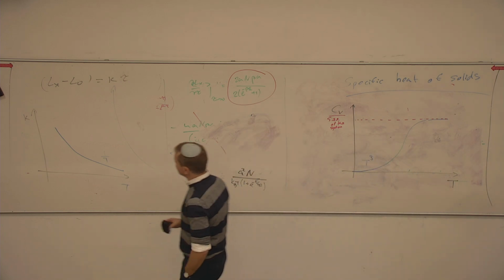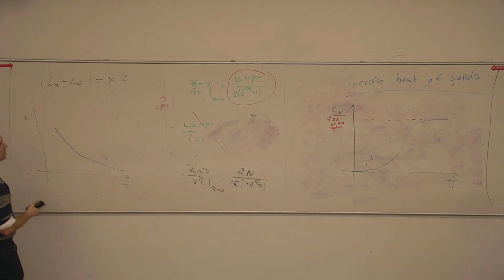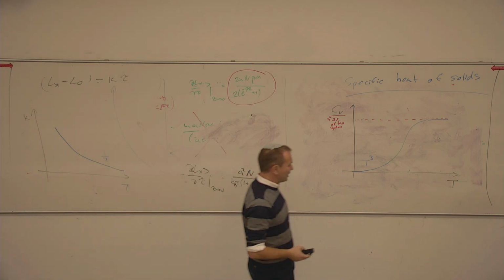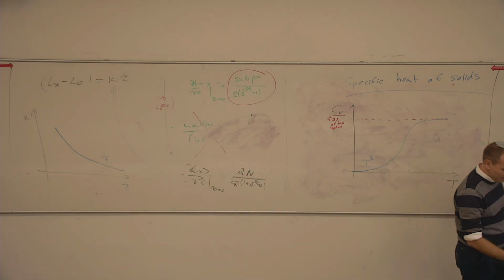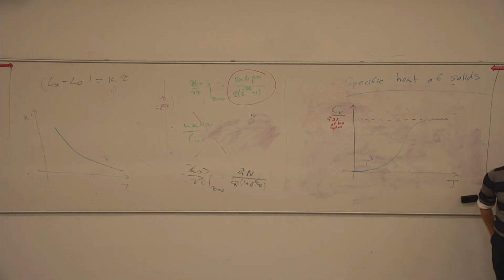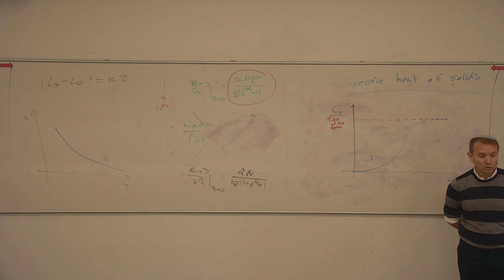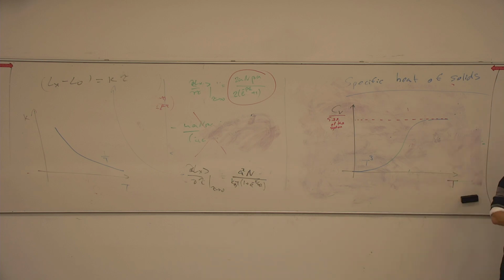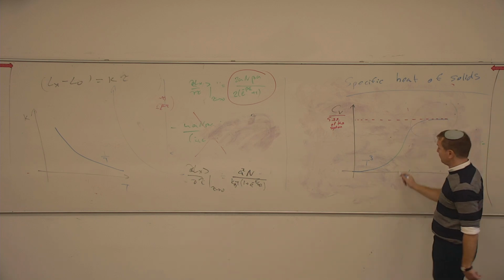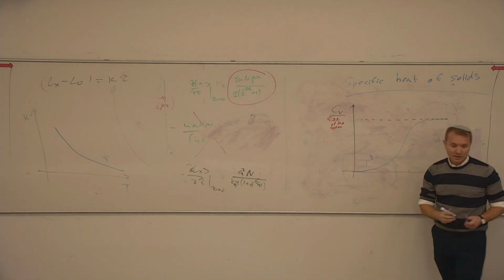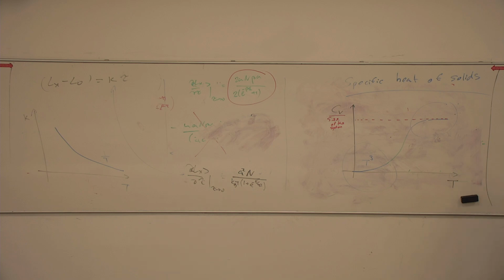So what we are going to do from now on, today and next week, is try and apply what we know from statistical mechanics, basically the canonical ensemble approach, towards solids and simple models of solids, in order to explain what happens here and what happens over here. Okay? So we are going to explain why it's universal over here.